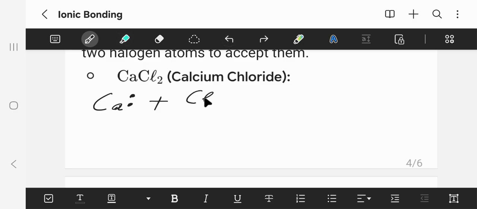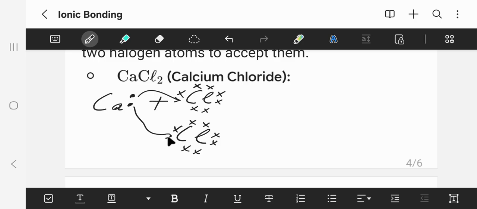So I'm gonna show the electrons that chlorine initially has, which is 7 electrons. Then I'm gonna show another chlorine here. Okay, let me just move it. Another chlorine will be here. It will also have 7 electrons, and what's gonna happen is that calcium will lose or transfer its electron there, and then it will also transfer the other electron there.